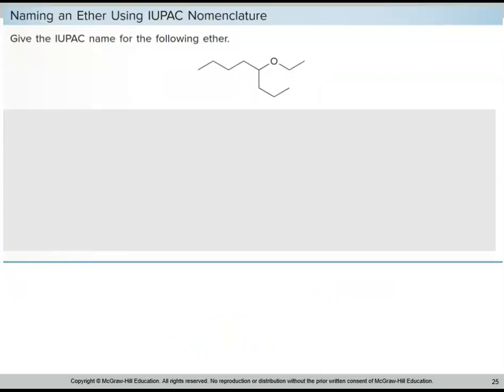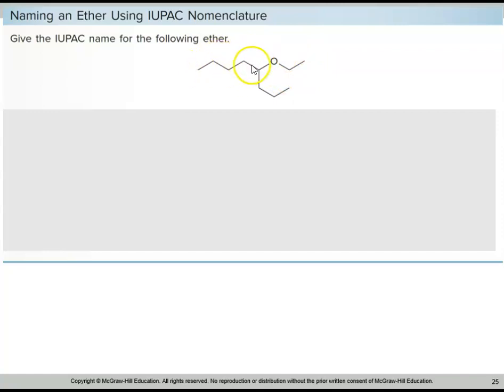If we were going to give this compound an IUPAC name, the first step would be to find the longest chain. So we have 1, 2, 3, 4, 5, 6, 7, 8 is actually the longest continuous chain of carbon here. And then we have this substituent group, which is an ether. So we have a methyl ethyl, an ethoxy group.